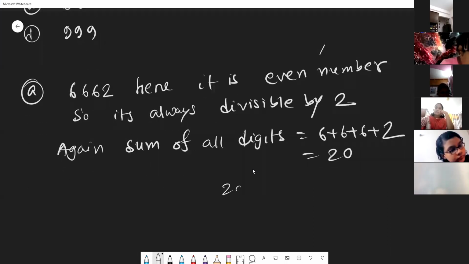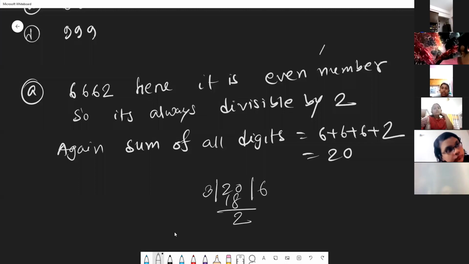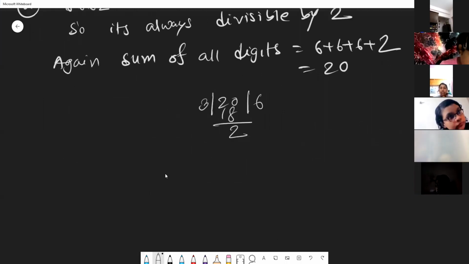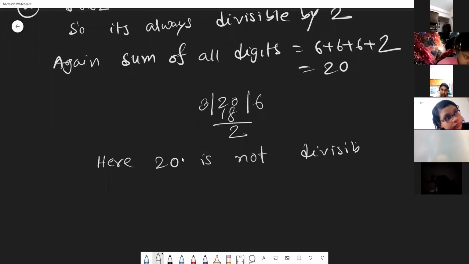If 20 is divided by 3, there will be remainder 2. So 20 is not divisible by 3.